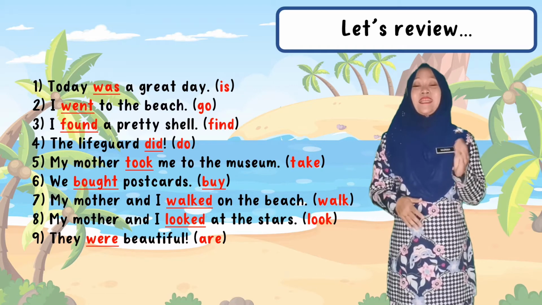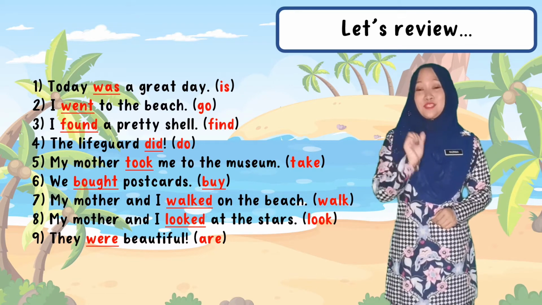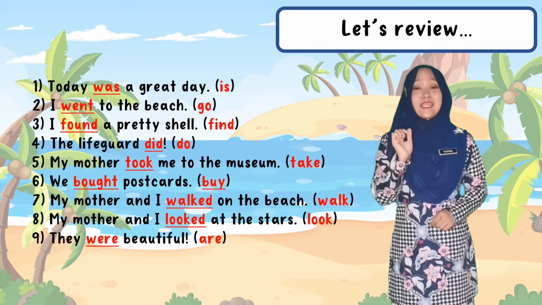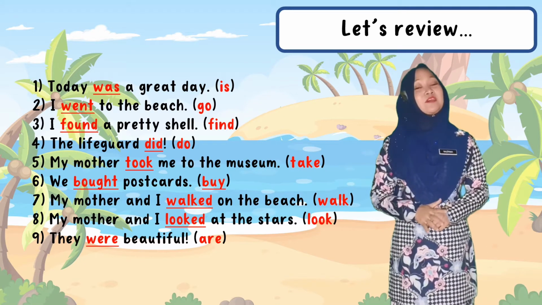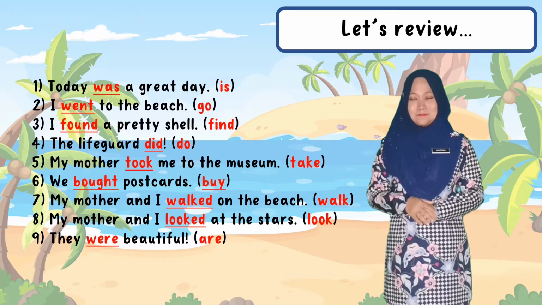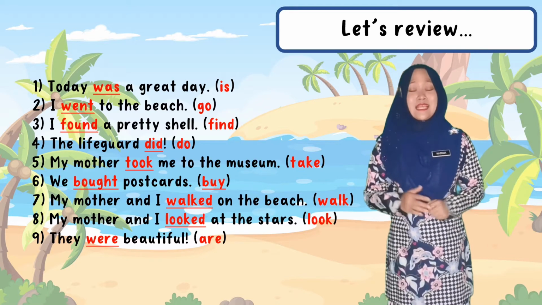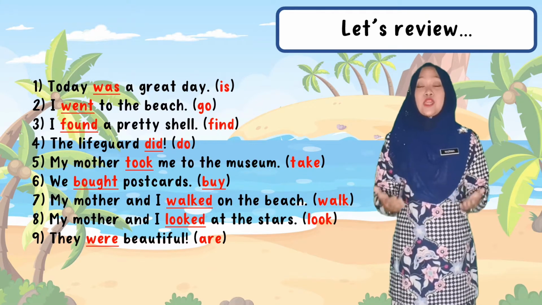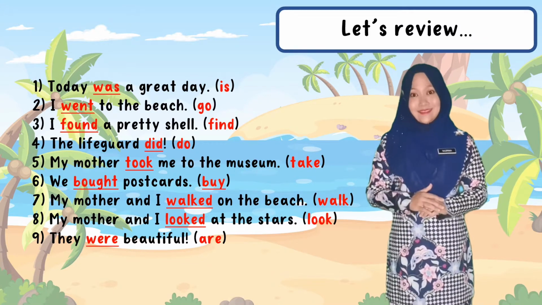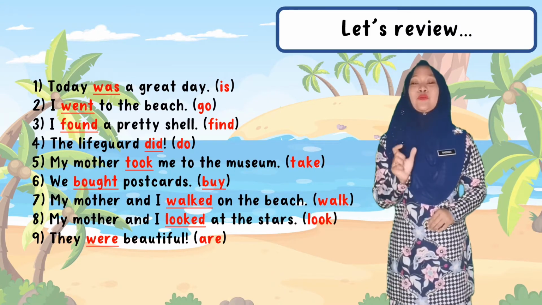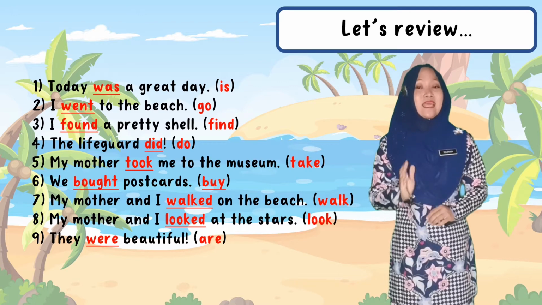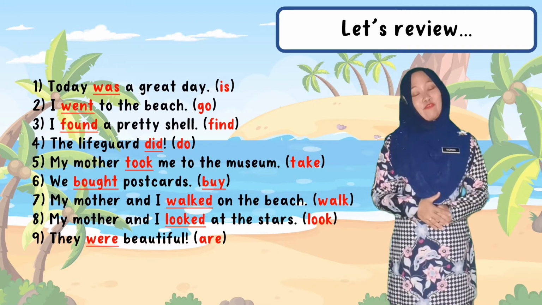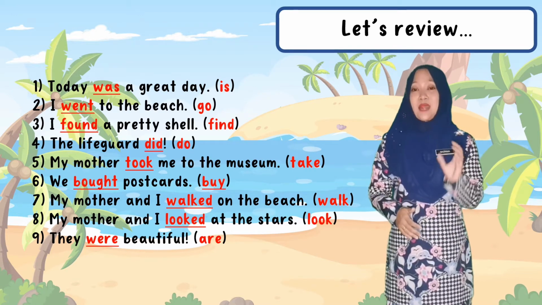Now, let us look at the word took. Took is the past tense form of the verb take. How about sentence number 6? We bought postcards. The word bought in the sentence is the past tense form of the verb buy.